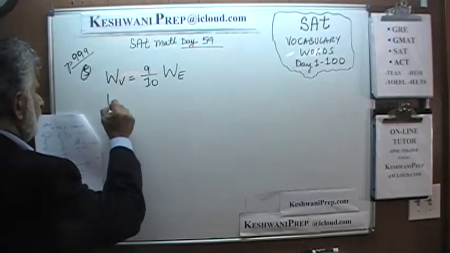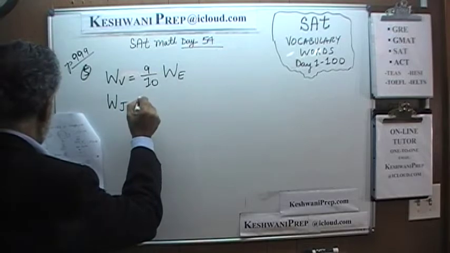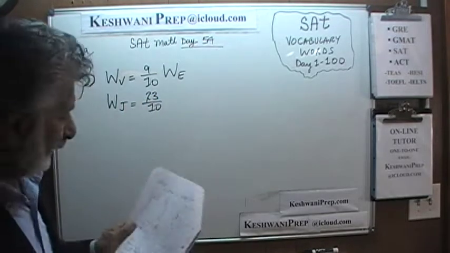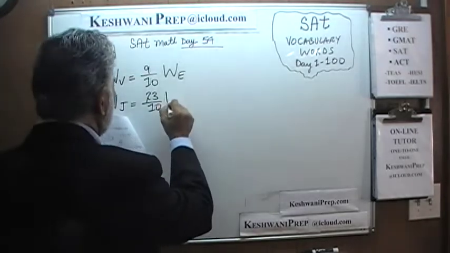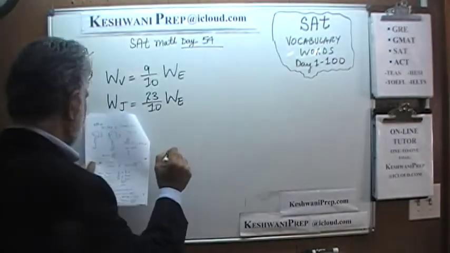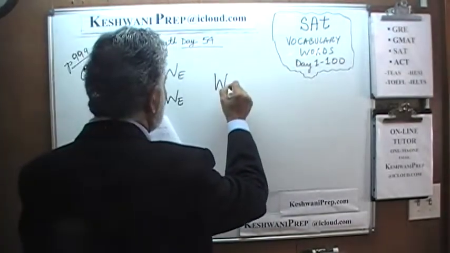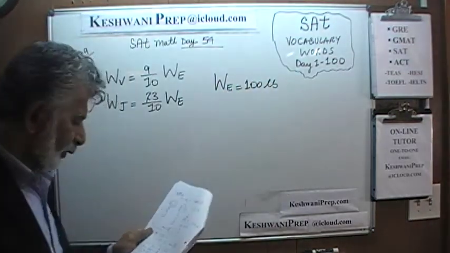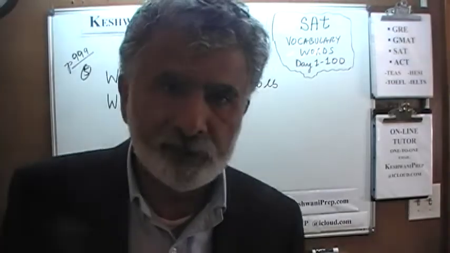We are further told that the weight on Jupiter is 23/10 of the weight on Earth. We are told that the weight on Earth of an object is 100 pounds.